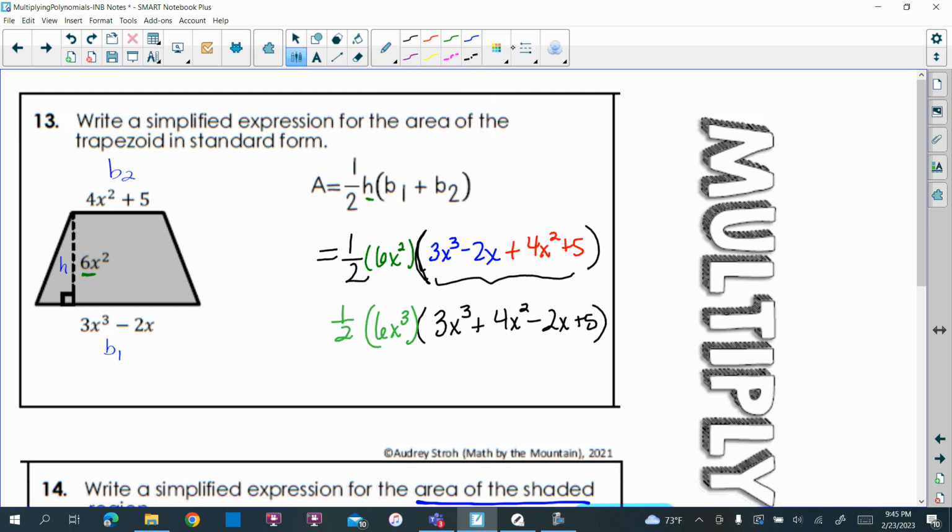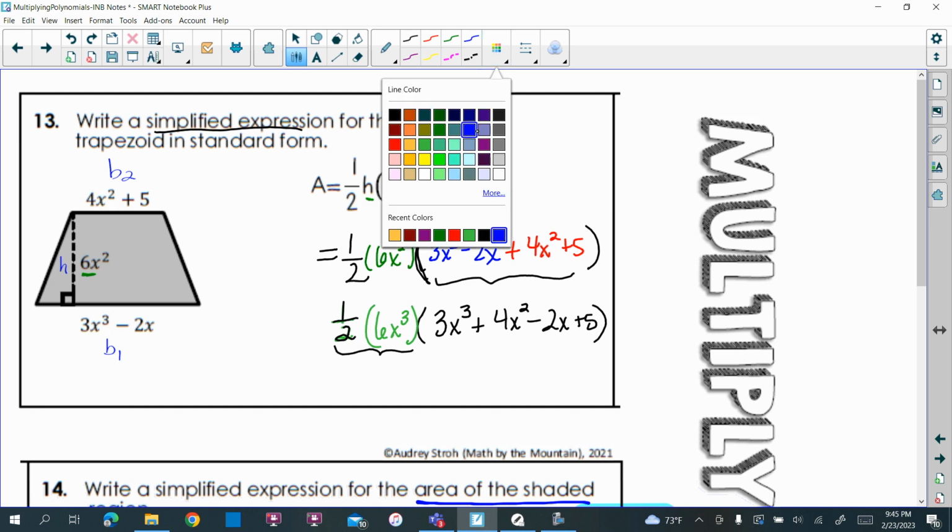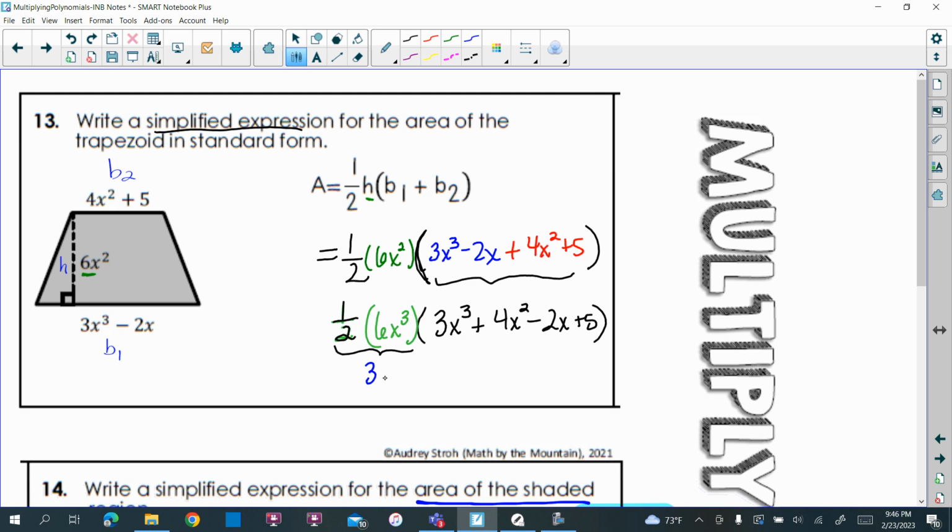So the way, and I probably should have done that in black, there's more than one way to do this, but I think to simplify this, to make it easier, because that's what they want us to do right here, is to simplify the expression. I would do the half of the monomial first, and that's going to give you, and I'm going to change the color, this is going to give you the 3x cubed.